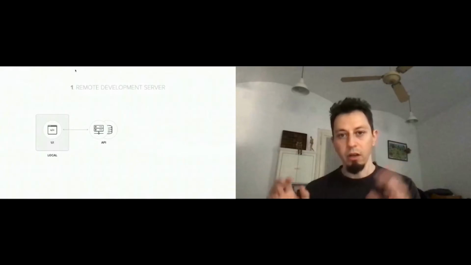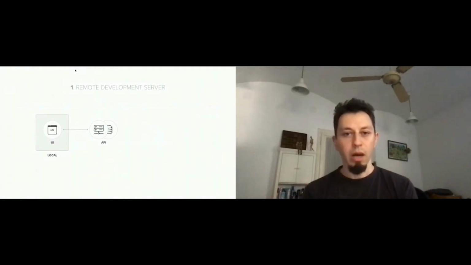So what I'm running locally is only the UI, only the user interface, the front end, or however you want to call it. And the API and the server is basically on a development server somewhere remote, and I just connect remotely to that server.